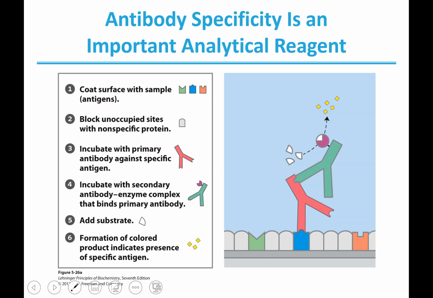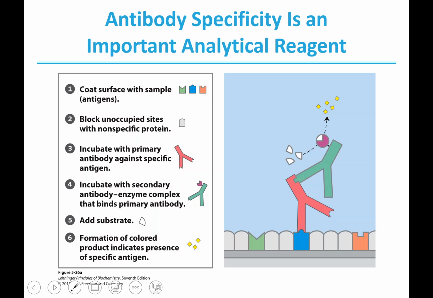So if you have a protein of interest and you want to look at protein X in a certain tissue sample or a certain cell sample, you would run your SDS-PAGE, transfer it to your membrane, and then put your antibody that's specific for that one protein in your solution and incubate. That will bind very selectively to the protein you're interested in.